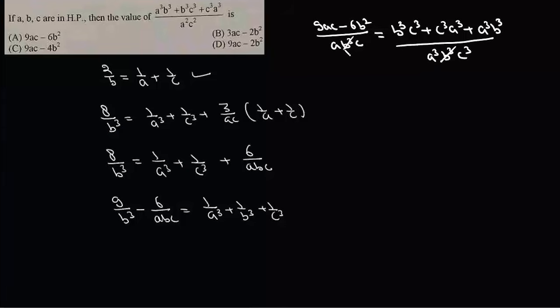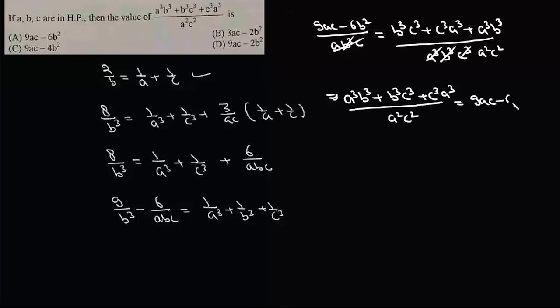Now B cube will cancel, AC will also cancel, so we'll get A square C square. So from here we can write A cube B cube plus B cube C cube plus C cube A cube upon A square C square equal to 9AC minus 6B square, and that's your option A.